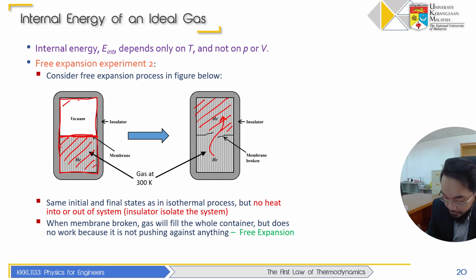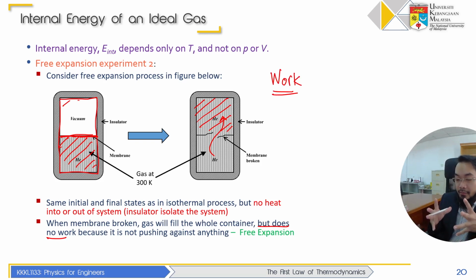The insulator isolates the system. When the membrane is broken, the gas will fill the whole container, but does no work. That is another way of saying it is not pushing against anything. Another thing I need to stress is that in order for a thermodynamic system to have done work or be done work on it, the boundary must change.